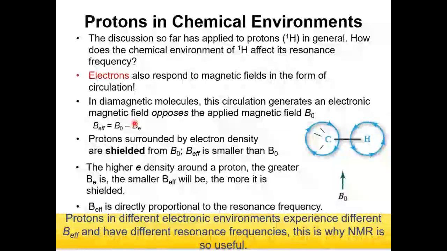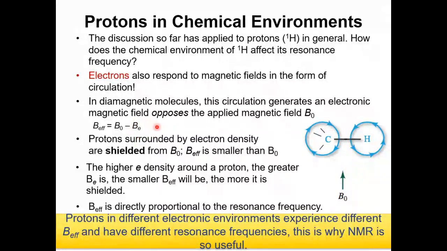Because this BE opposes the external field, the field really experienced by this nucleus is no longer B0, it is B0 minus BE. BE is a magnetic field generated by the circulation of electrons under the influence of the external magnetic field.